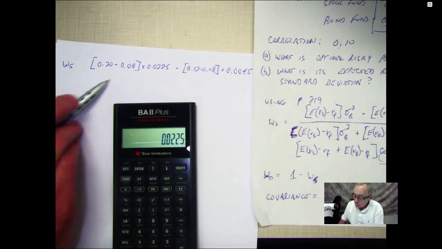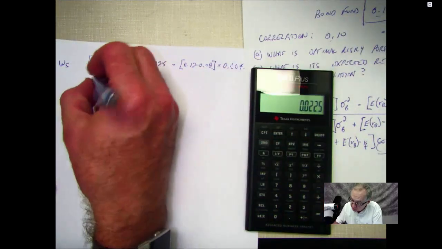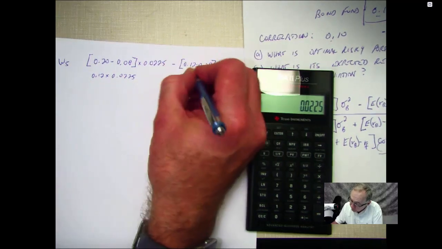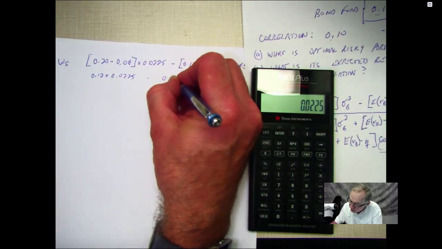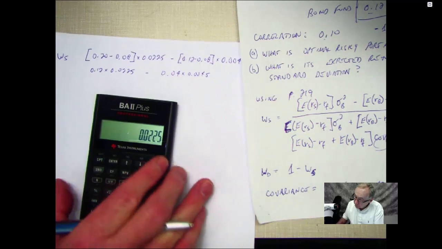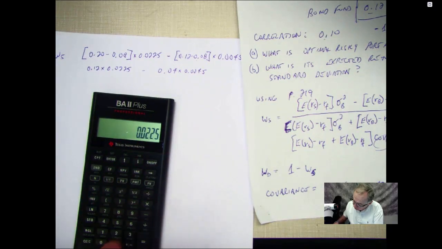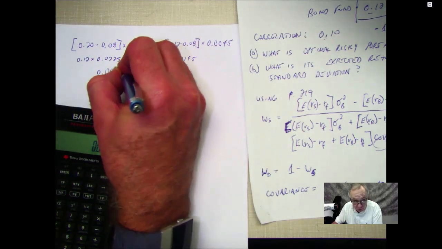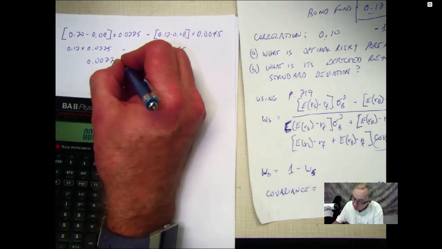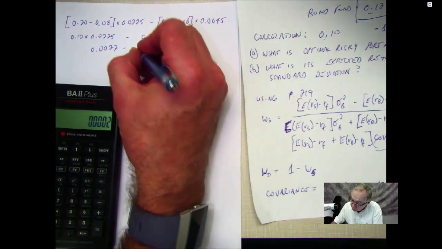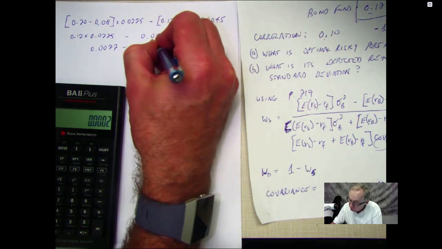So let's work through this a bit. This 0.20 minus 0.08 simplifies to 0.12. This simplifies to 0.04. And 0.0225 times 0.12 is 0.0027, minus 0.0002.